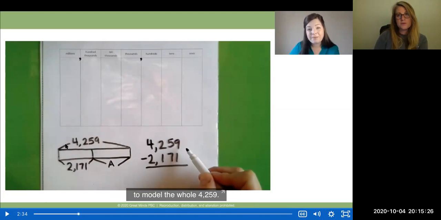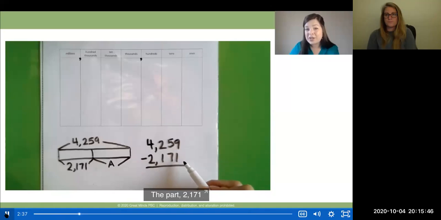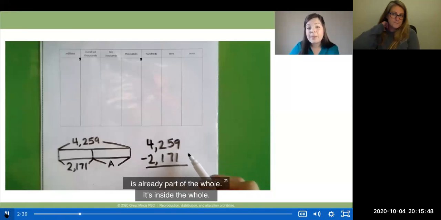And the reason why she refers to it as the whole is because if you look at your tape diagram, you can see that the whole piece of tape is represented by the number 4,259. So that is our whole, and then the bottom number is part of the whole, and we are trying to find the other part of the whole. The part, 2,171, is already part of the whole. It's inside the whole.